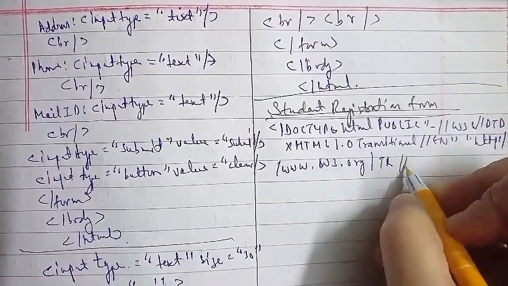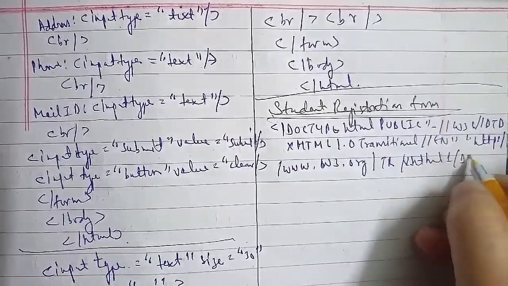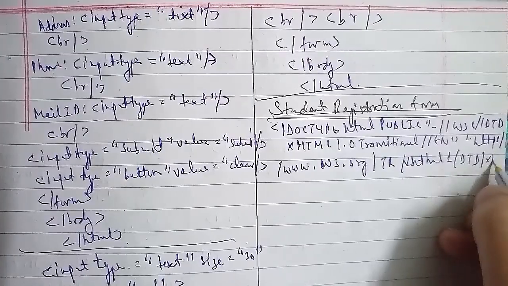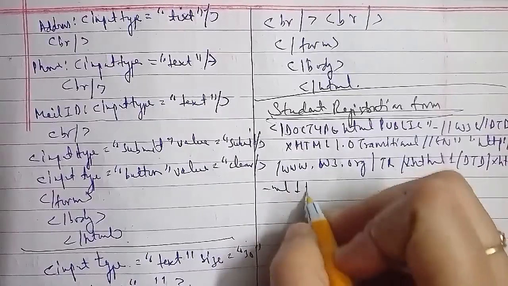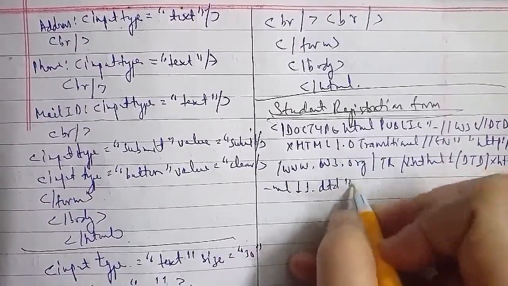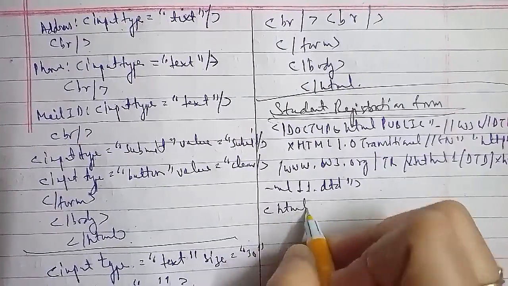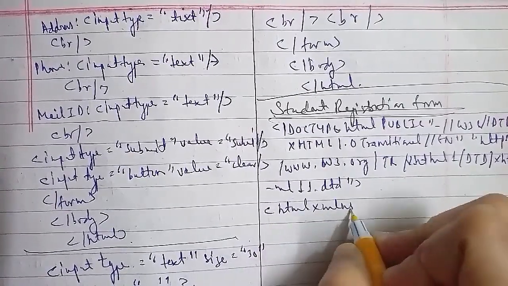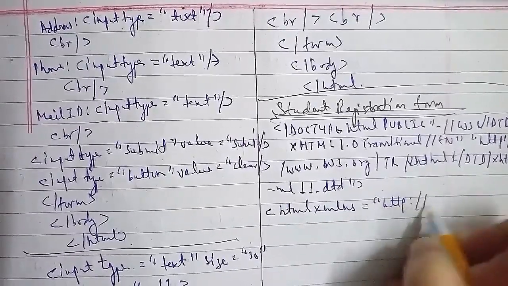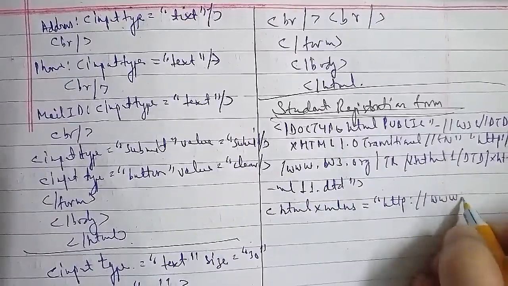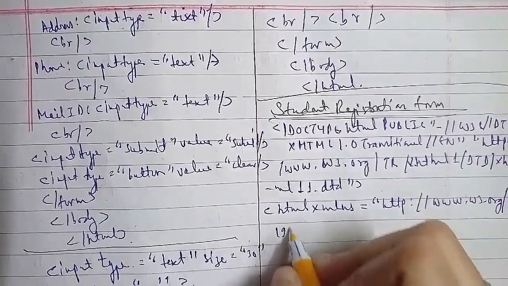The center that was opened, we closed the center. Okay, so here form name equals to what we had written down, my form. Action, method equals to get, close. Div align equals to left. br.